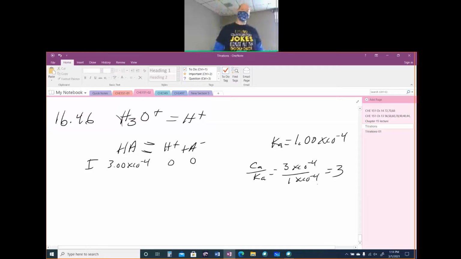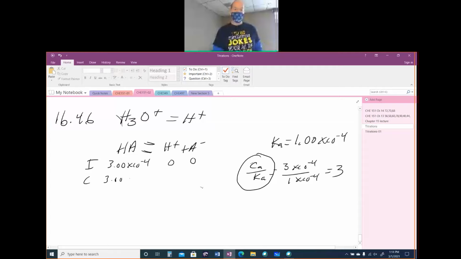All right, so if you're going to do successive approximations, it is going to take a lot of them. All right, so when my calculation of Ca over Ka is less than 100, I know that is probably going to be better off doing a quadratic equation rather than successive approximations. But either one will work.